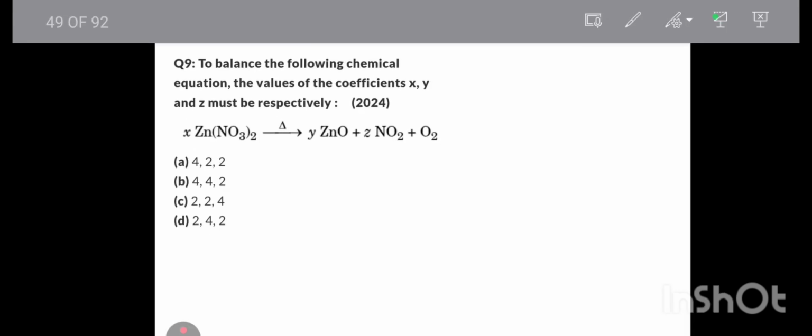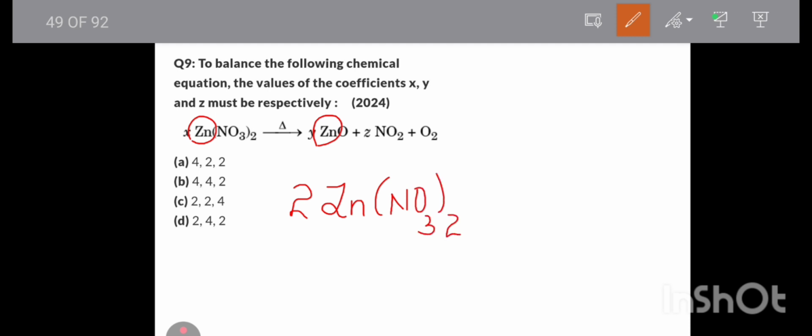To balance the following chemical equation, the values of the coefficients x, y and z must be. You have one zinc over here and you have one zinc over here, right? Now you just put 2Zn(NO3)2, okay?